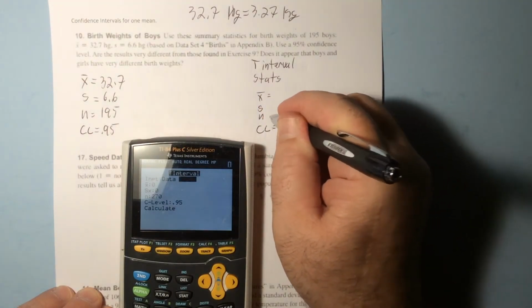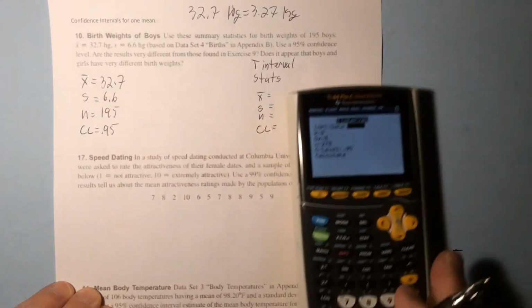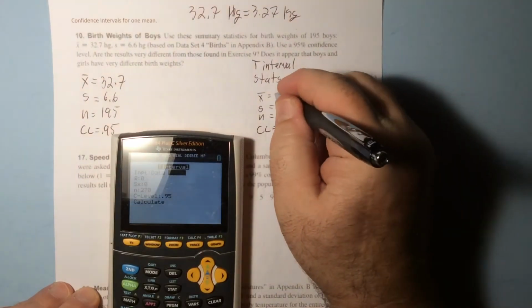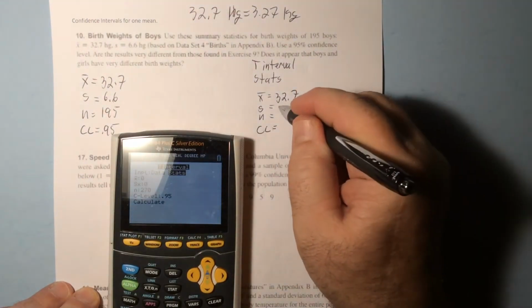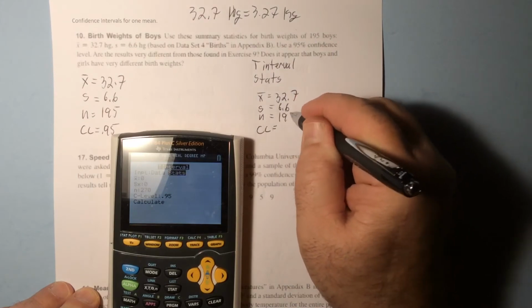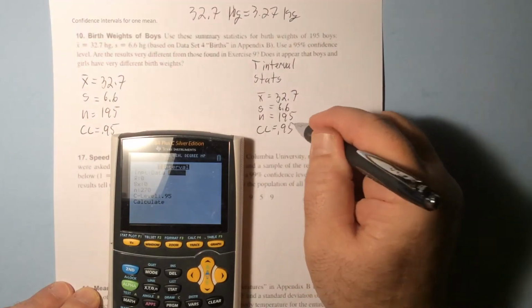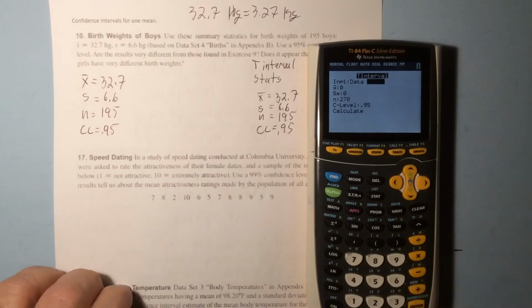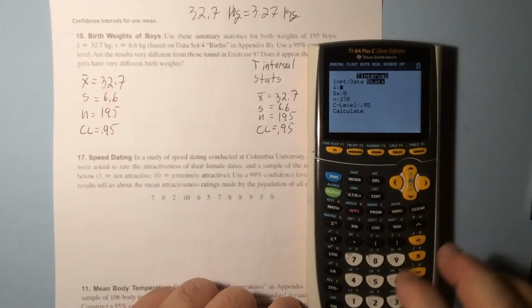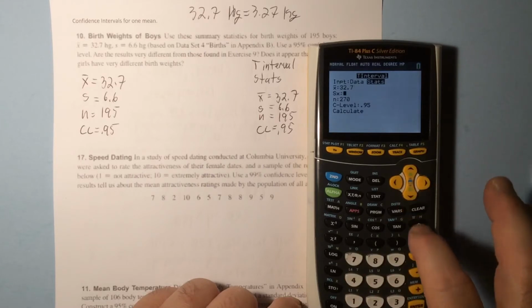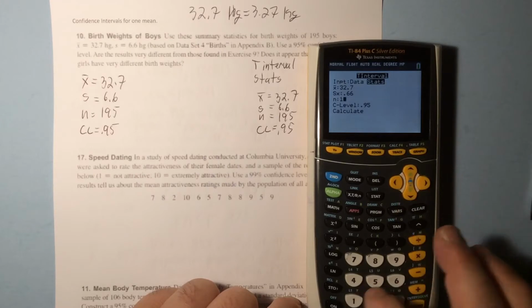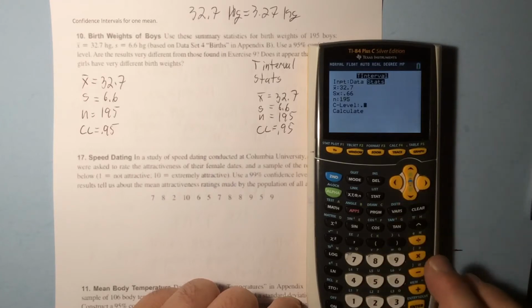Same information that I already have to the right here. Okay, so that's going to be 32.7, 6.6, 195, and then 0.95. And I'm going to go ahead and put this information into my calculator. So 32.7, 6.6, 195, .95.